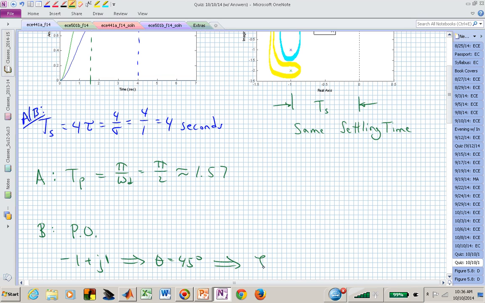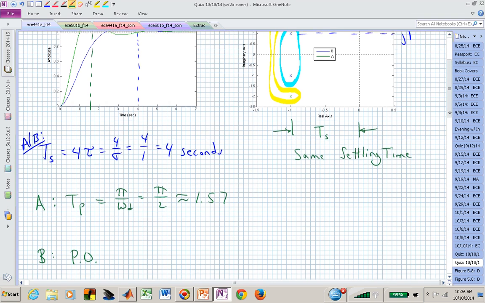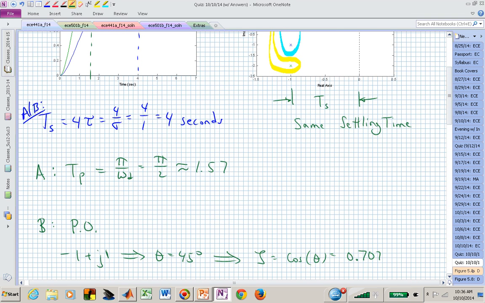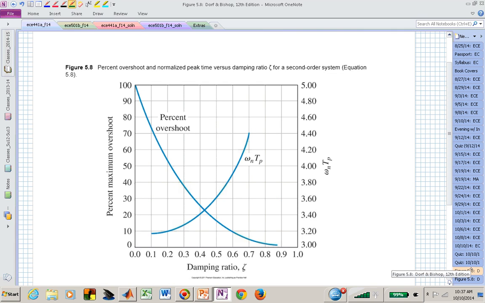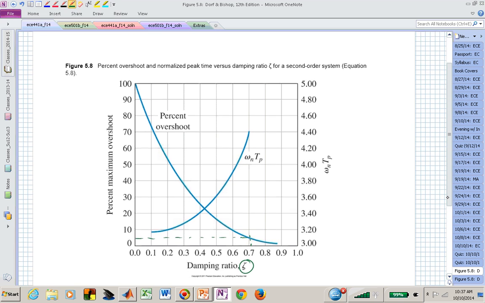If we now want to find the damping ratio, the cosine of 45 degrees is 0.707. And if we look at figure 5.8 in the textbook, a damping ratio of 0.7 corresponds approximately to a 5% overshoot.